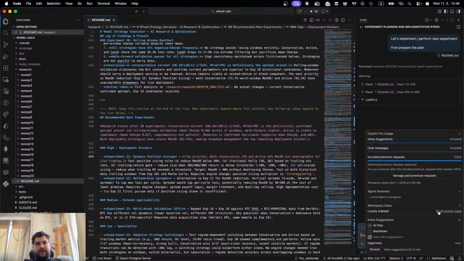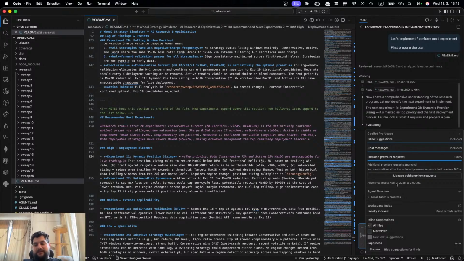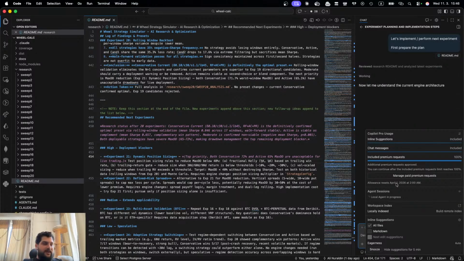The allowance resets on the 1st of April, but I think the UI resets on the ninth of every month because I started the subscription on the ninth. I had already used 300 requests by then, but it was still thinking I had 1,500 requests, which showed like 15% or 20%.